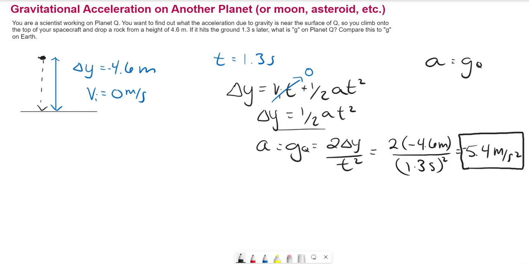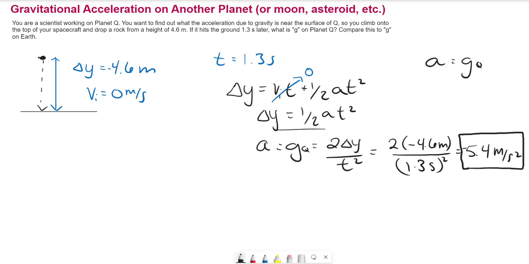So we can already see that this is a little more than half of 9.8 meters per second squared, but we're going to go ahead and give a more exact number for the comparison to g on Earth. Usually you'll see this in a lot of physics problems. It's just to let us kind of wrap our heads around how much bigger or how much smaller something is.